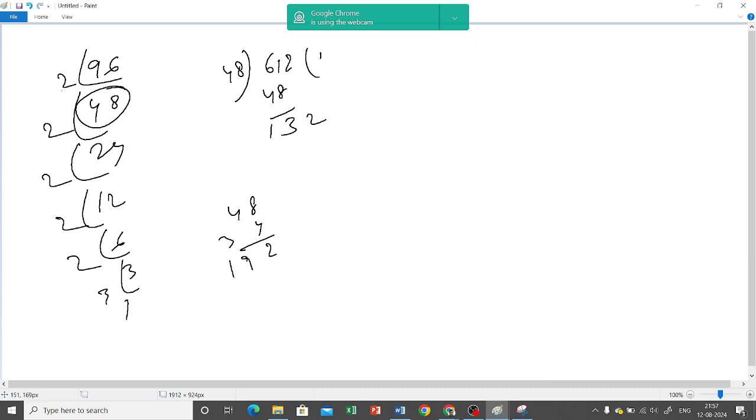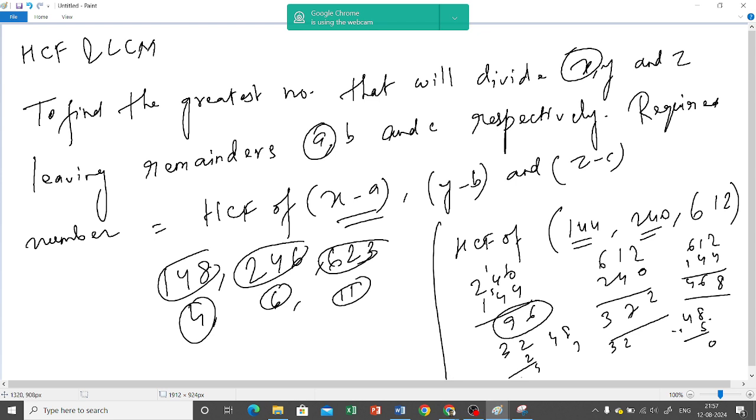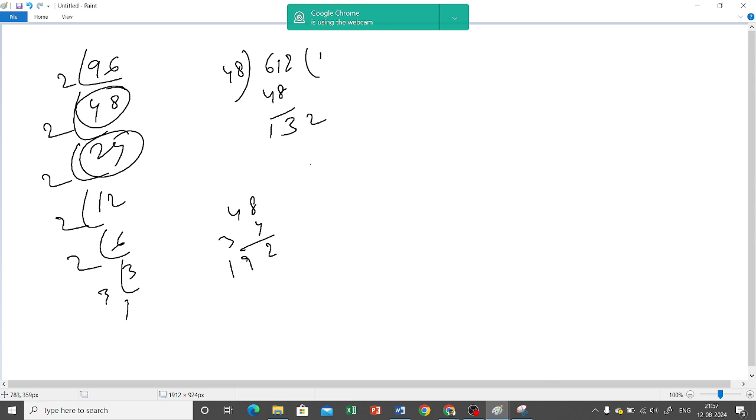After 32 we take 24. 24 divides 144, yes. 24 divides 240, yes. Does 24 divide 612?